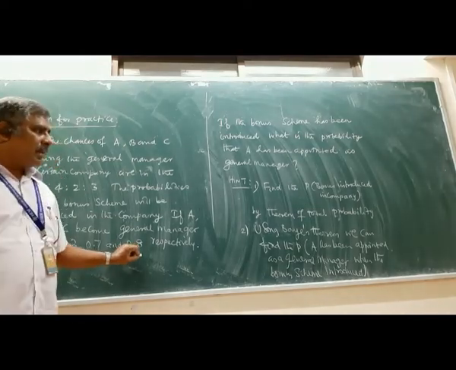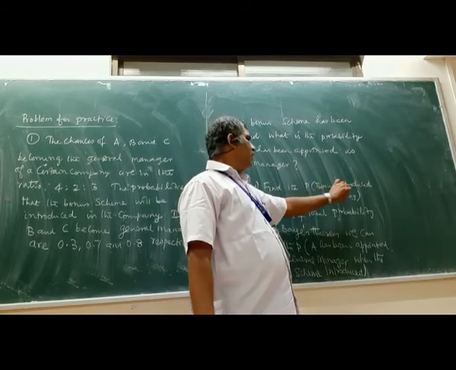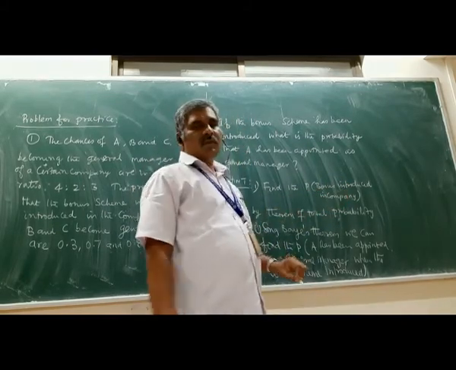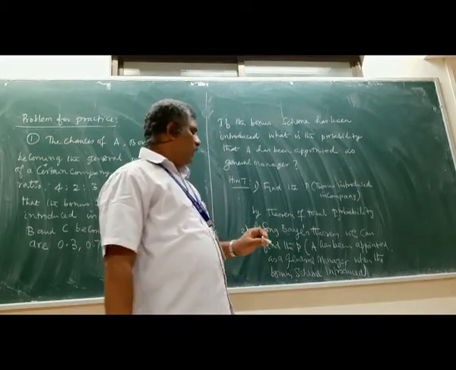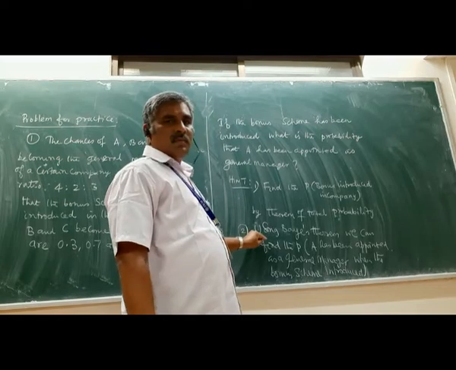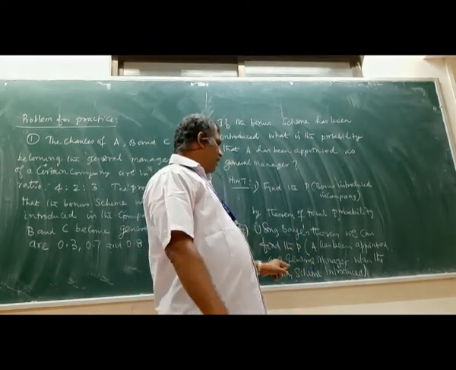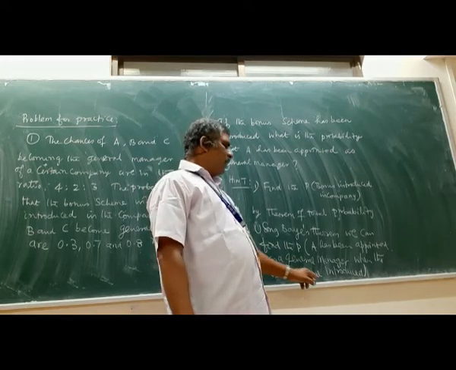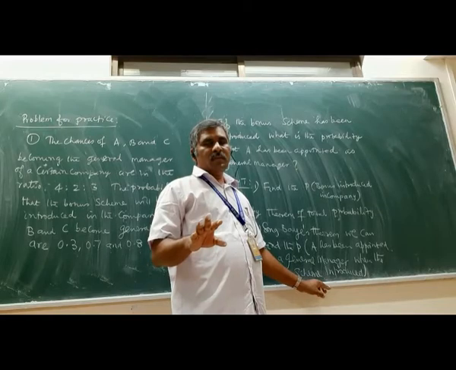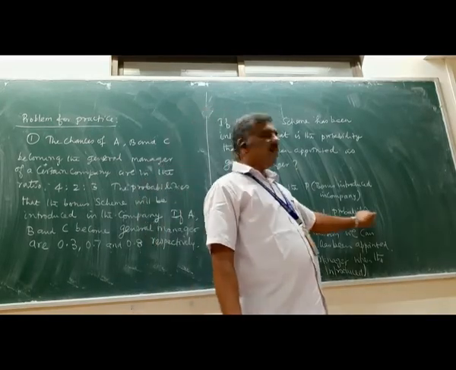Okay. Then by the theorem of total probability, find the probability of the bonus scheme being introduced in the company. Now see the second part. Using the Bayes theorem, we can find the probability that A has been appointed as general manager when the bonus scheme is introduced. You get a value for the bonus scheme being introduced by using the theorem of total probability.